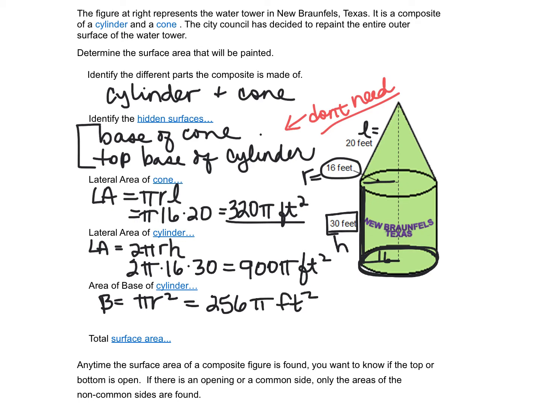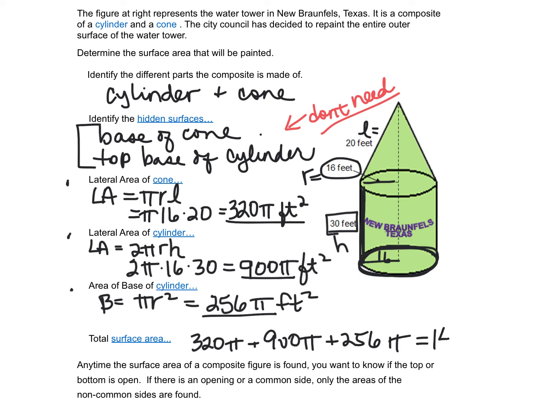All right, and then for our total surface area, we just have to add all of this together. So we've got the lateral area of the cone, the lateral area of the cylinder, and the area of the base of our cylinder. So that's 320 pi plus 900 pi plus 256 pi equals 1,476 pi square feet.